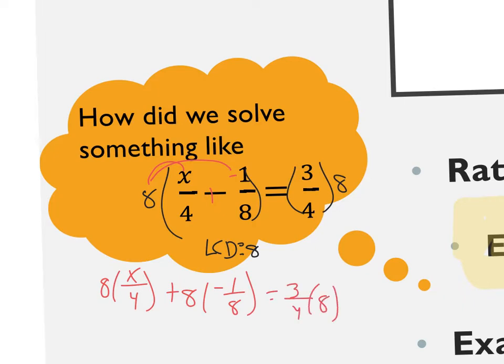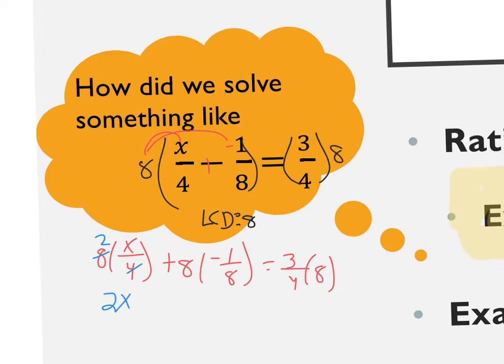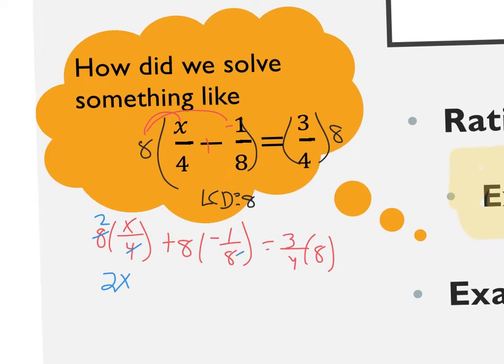Now, we know 4 goes into 8 twice, and so we're left with 2x. And as we move along, the 8's cancel here, so 2x minus 1 equals 6, since 4 goes into 8 twice, and 3 times 2 is 6. And then it becomes very simple to solve.